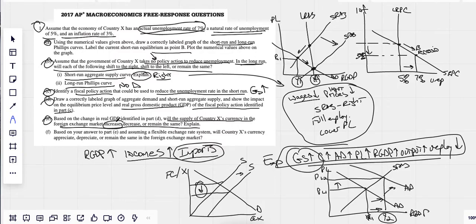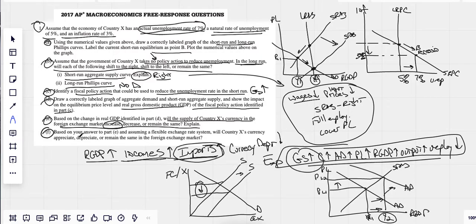It will be increasing. And I would just explain it like that: as real GDP increases, incomes increase, therefore imports will increase, and the currency will depreciate.